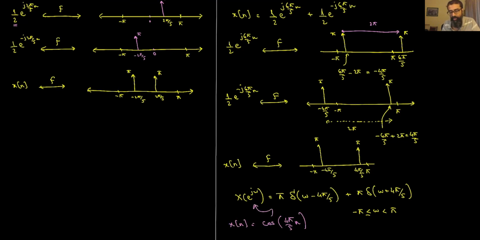So that would imply that cosine 4 pi by 5 is actually equal to cosine 6 pi by 5. This is something that I want you to check out. That actually turns out to be true. Go ahead and verify it yourself.